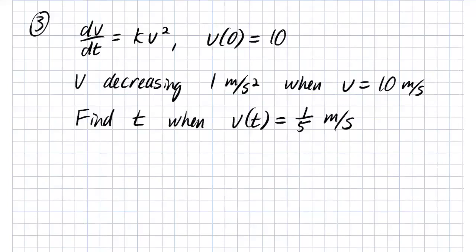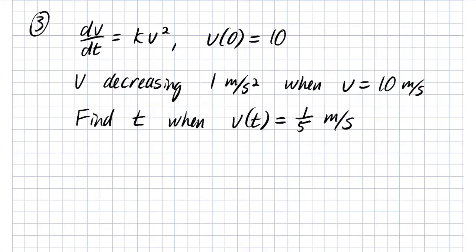Okay, last question. So now we are going to solve this. I think it was a motorboat problem. Let's see, I have it right here. Velocity of a motorboat V coasting in water satisfies this differential equation. And the initial speed of the motorboat is 10 meters per second.